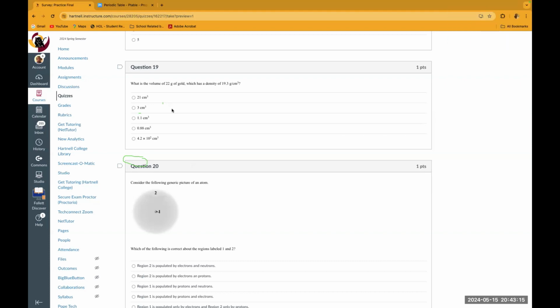I'll get it started. We could start with the formula density equals mass over volume. Yeah, mass over volume.